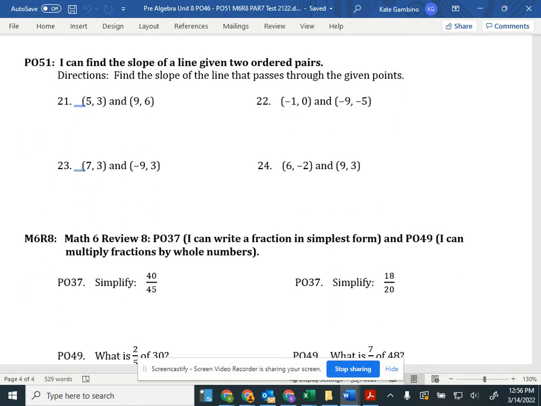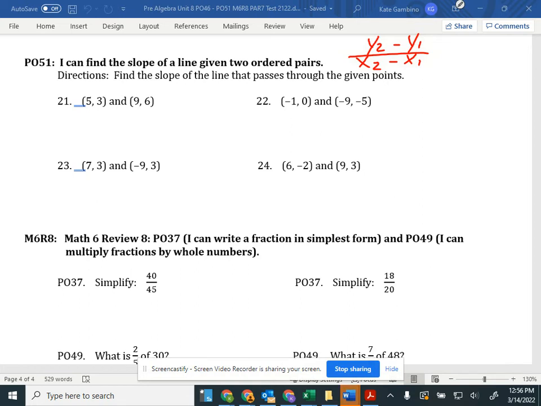PO 51, I can find the slope of a line given two ordered pairs. This one, some of us forgot our formula. Some of us forgot that the y's go on top, the x's on the bottom. So you have to remember, y's on top, x on bottom.